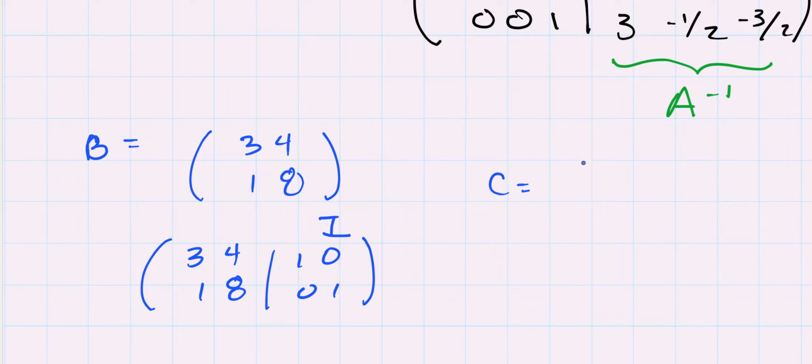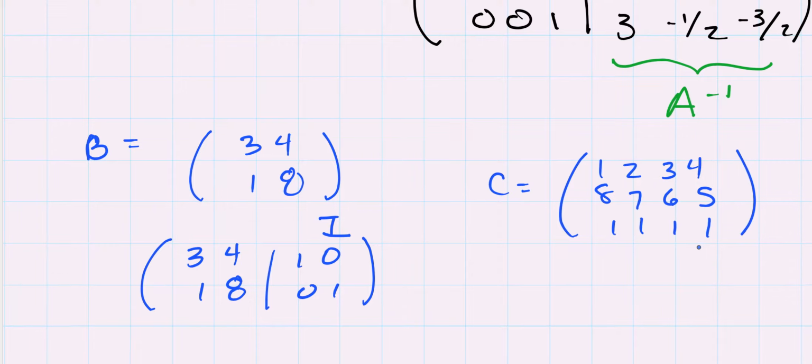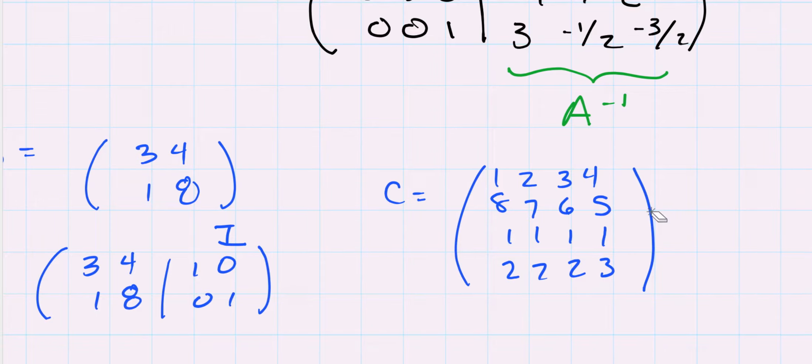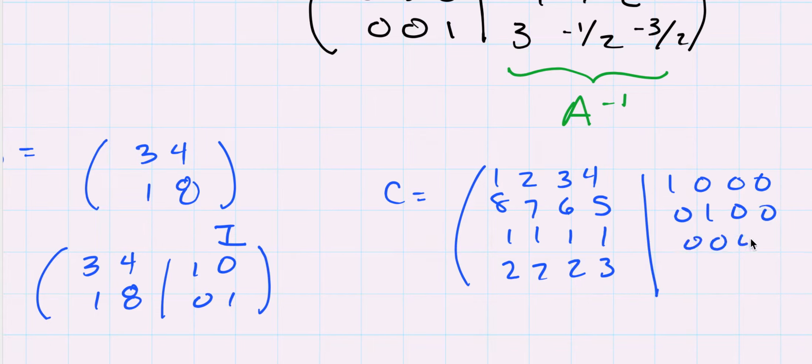If you had a 4 by 4 matrix, just make something up, and you wanted to find the inverse. Oh, I need one more line here. Remember, we only find inverses of square matrices, so 2, 2, 2, 3. Let's say you wanted to find the inverse of this, then you erase this, put a line, and put the 4 by 4 identity matrix.